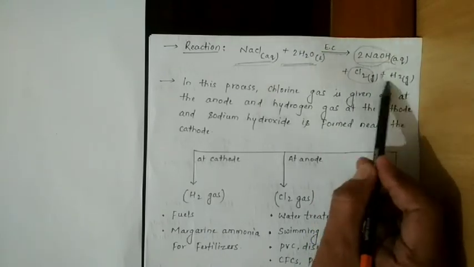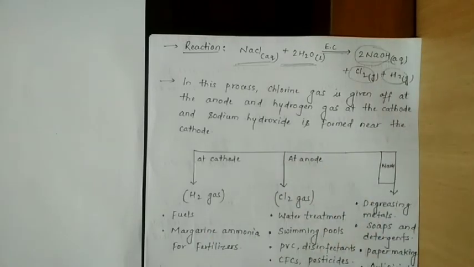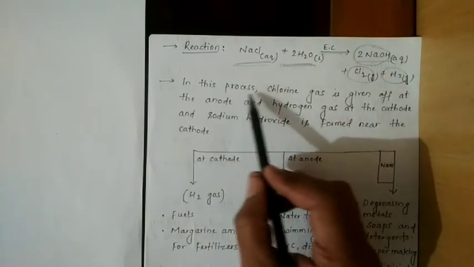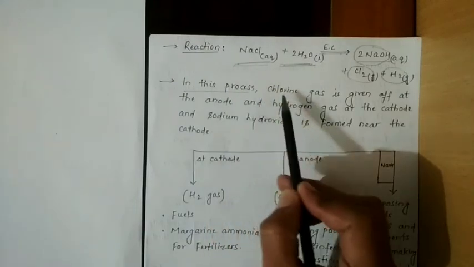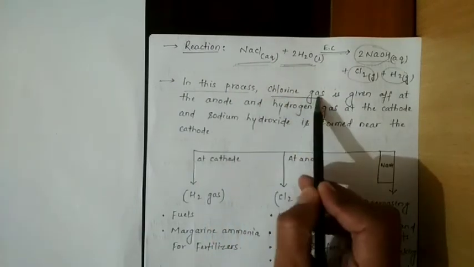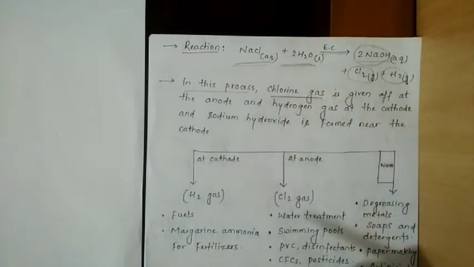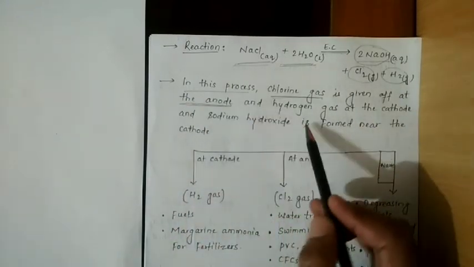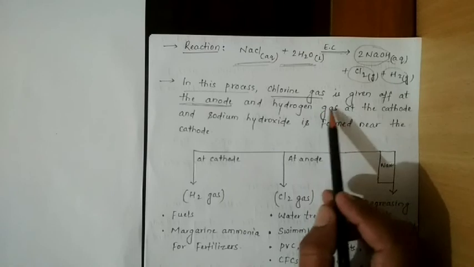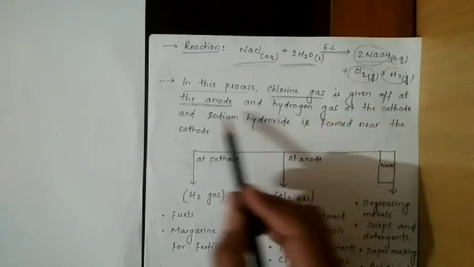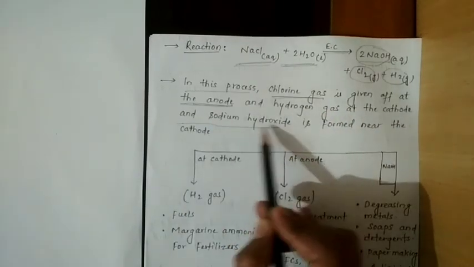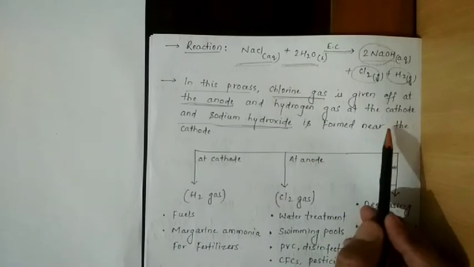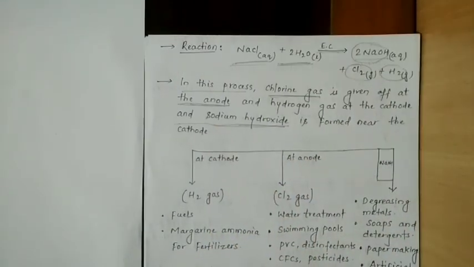Cl2 and H2 are obtained as gases. So in this process chlorine gas is given off at the anode, and hydrogen gas is evolved at the cathode, and in this way sodium hydroxide is formed near the cathode.